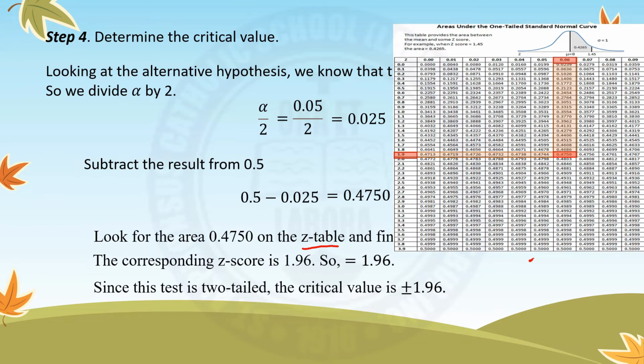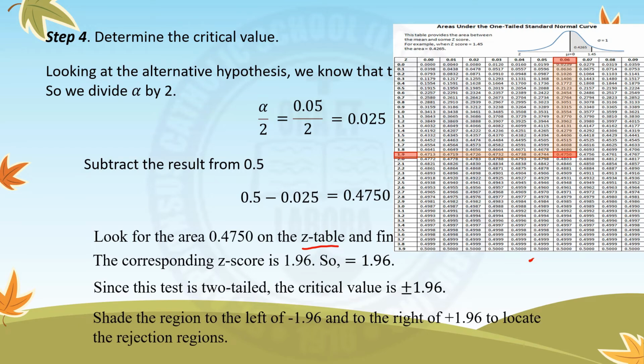Since this test is two-tailed, the critical value is positive and negative 1.96. Shade the region to the left of negative 1.96 and to the right of positive 1.96 in our normal curve to locate the rejection regions.